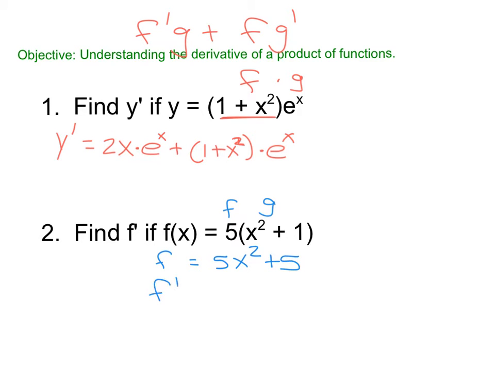So then f prime is 10x. Now, can you do a product rule? Yes. It's just really, really weird. If we were to do a product rule, the derivative of 5 is 0 times g, plus, leave the 5 alone, derivative of g is 2x. That's just an overly complicated way of doing it. So if one of your functions is a constant, I would not bother doing a product rule. That's just silly.